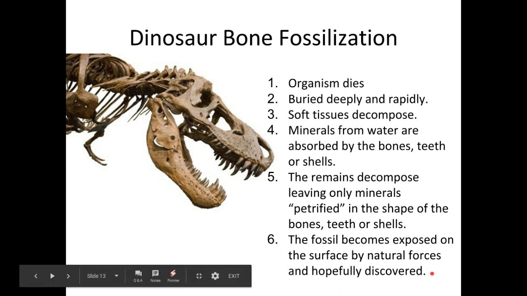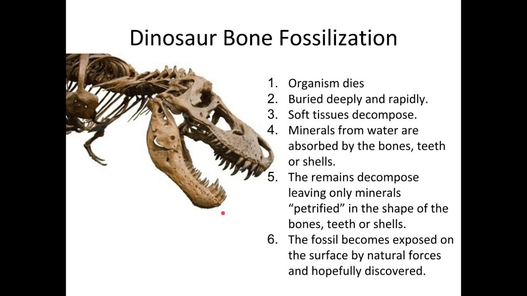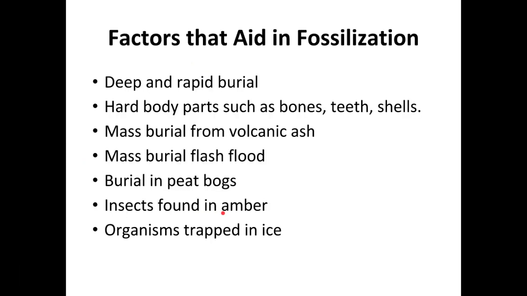So there are many more fossils out there yet to be discovered, but these are actually stones in the shape of bones. So factors that actually help fossilization are, obviously, deep and rapid burial. That is a really important concept. Bones and teeth and shells are more readily fossilized because they absorb those minerals and don't deteriorate.